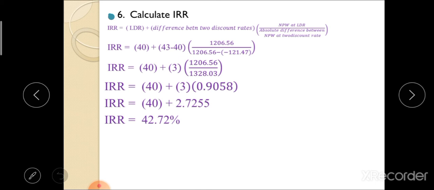So 40 and 43 are the two discount rates. Out of that, 40 is the lower discount rate, plus the difference between the two discount rates, that means 43 and 40%.